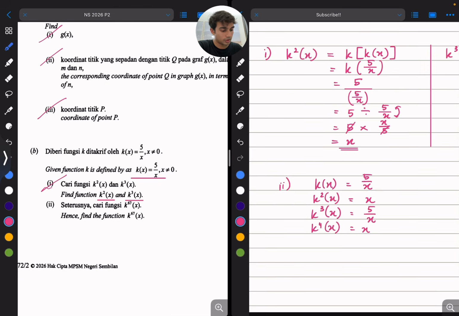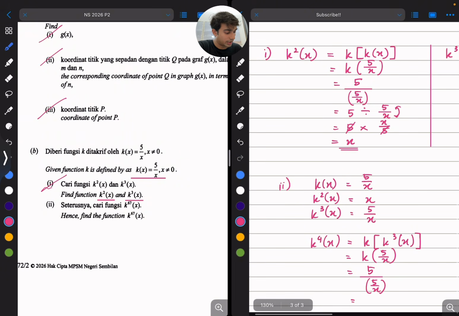So what you can do, to prove the pattern repeats, is find k power 4 x. So k power 4 x is k of k cube x. So k cube x is 5 over x, so k of 5 over x, which is 5 over 5 over x.